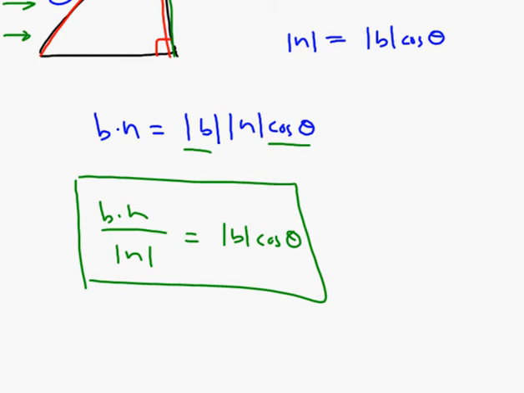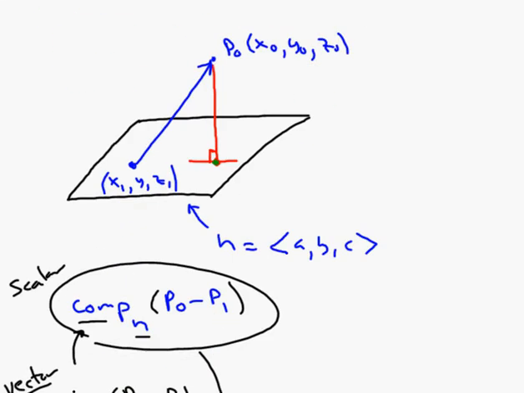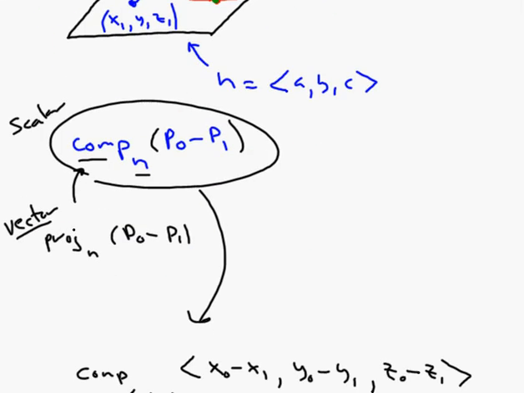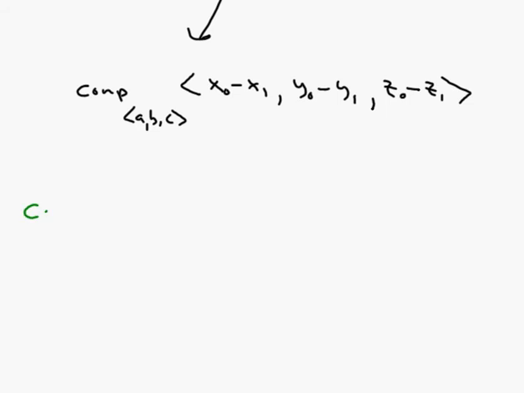And we're going to use that to get the distance that we want. So we just showed that the component of vector b along n is equal to b dot n over the norm of the vector that we are projecting onto.